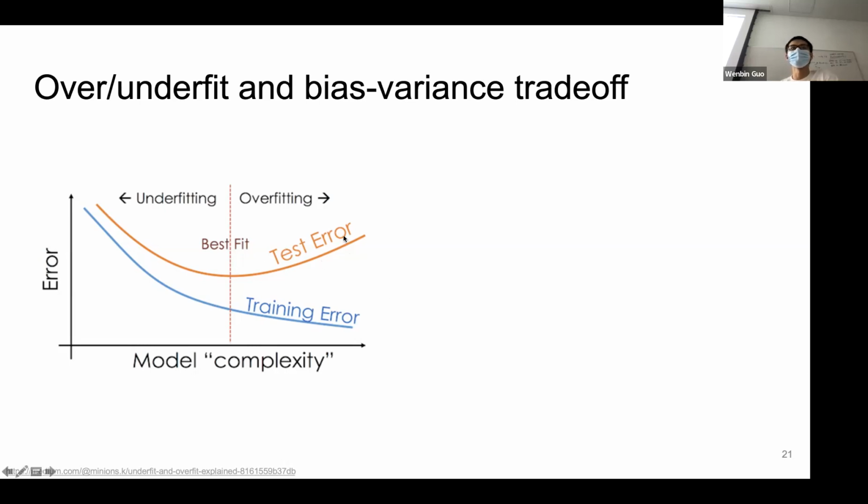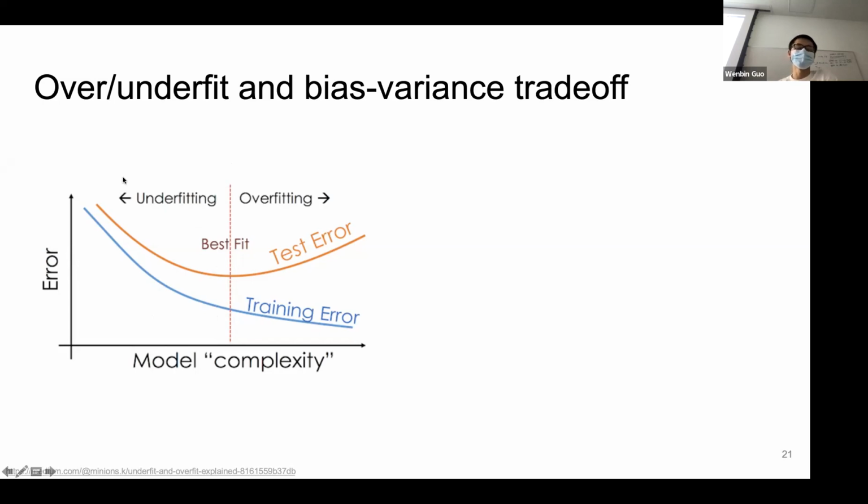That means the model overfits and doesn't generalize well to new cases. So at this changing point, we want to stop. We are satisfied with the test error, and we believe the model has a strong learning ability and can generalize well.